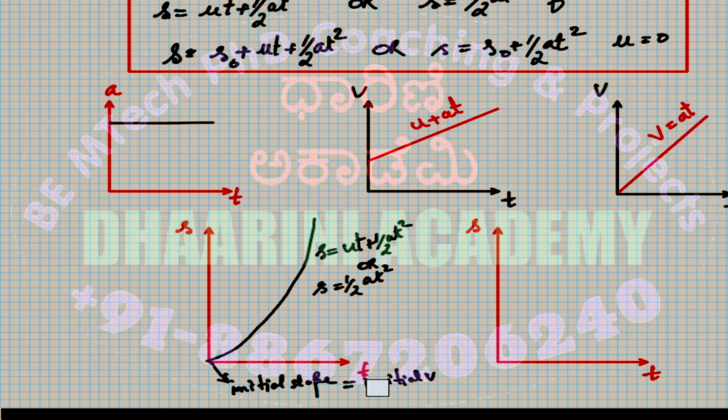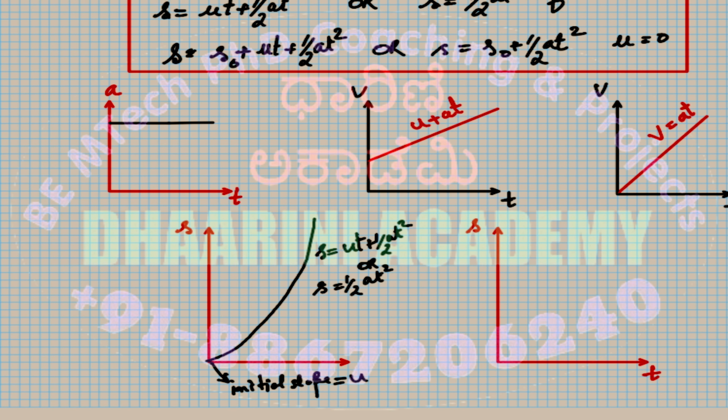Anyway, we know that it is denoted as u, so I will simply write u here just to denote this. Initial slope equal to u value. How do you find the initial slope? Differentiate ds by dt and put t equal to 0 over there. If it gives you a value, then that is the initial slope or initial velocity.